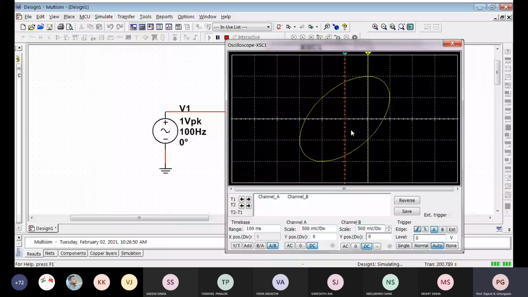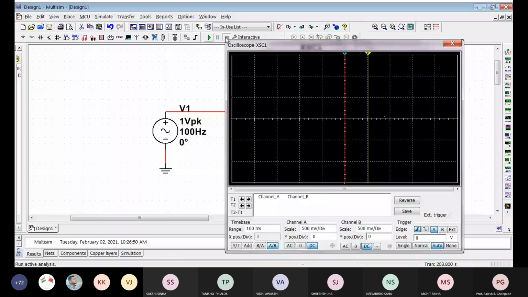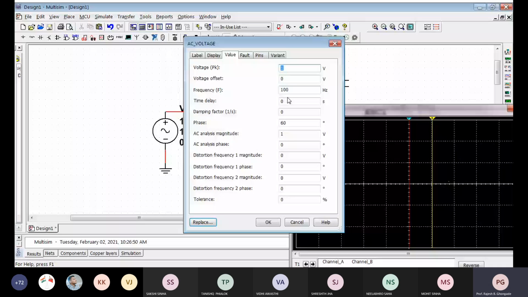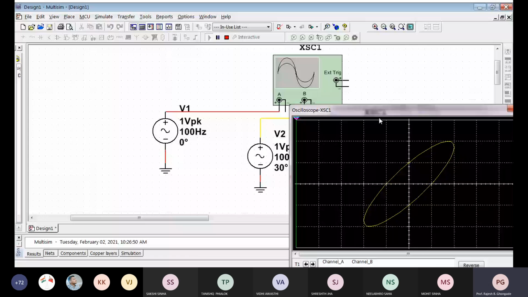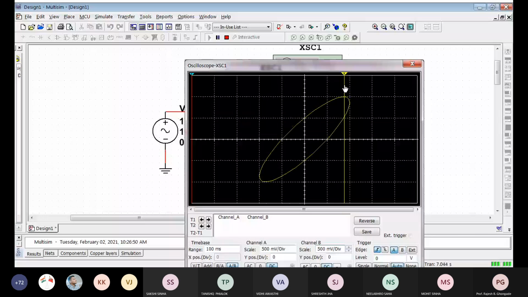Let us be a little bit more discreet here by introducing a signal of 90 degrees, so it will be more pronounced. Here I have the maximum intercept here and here, minimum.